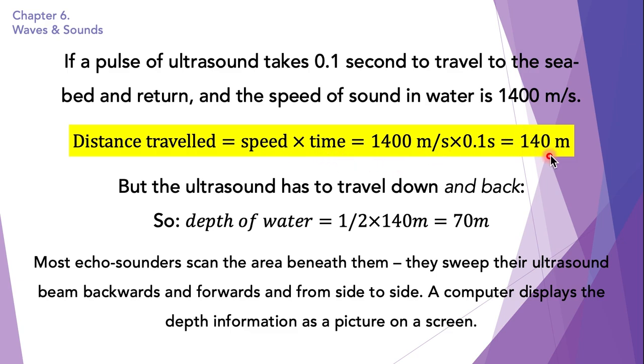But the ultrasound has to travel down and back, which means that the distance would be double the actual distance. So the depth of water is going to be half of 140 meters. Basically, we will divide 140 by 2 and we will get 70 meters. So this is going to be the depth of the water. Most echo sounders scan the area beneath them.